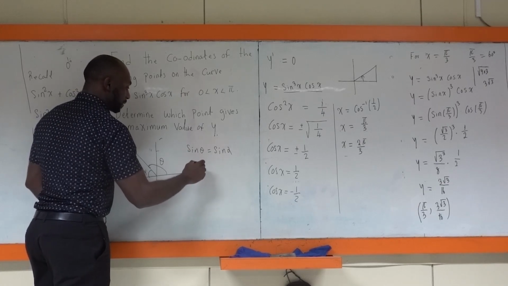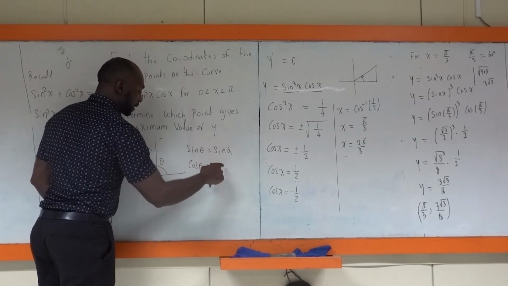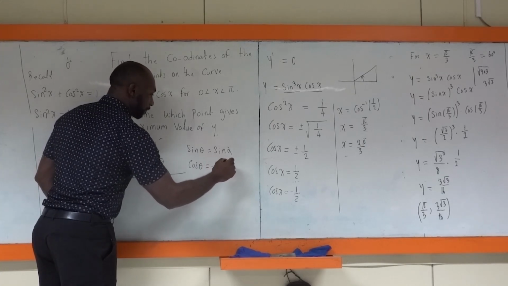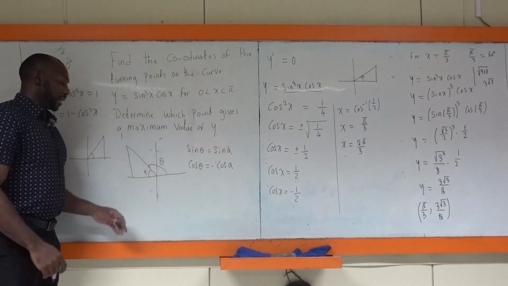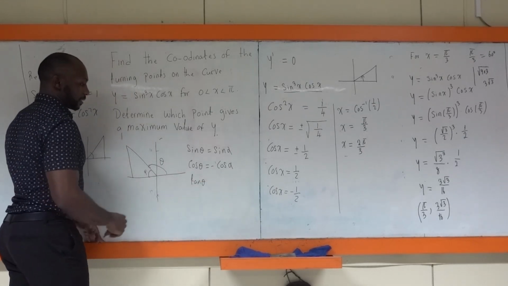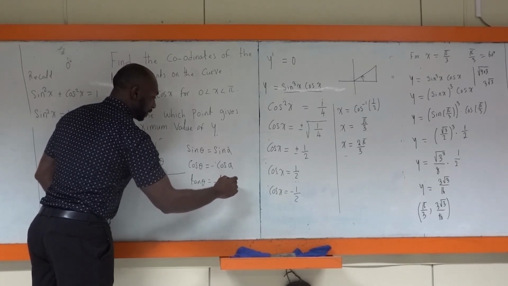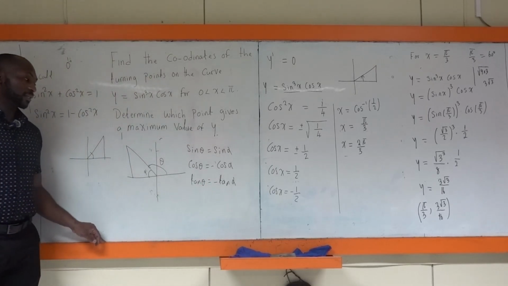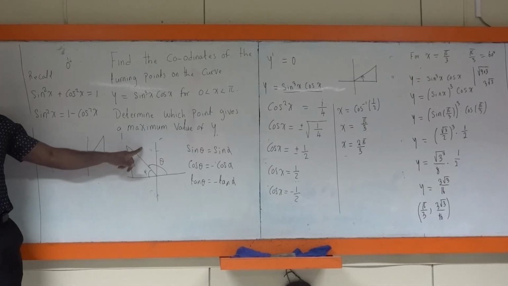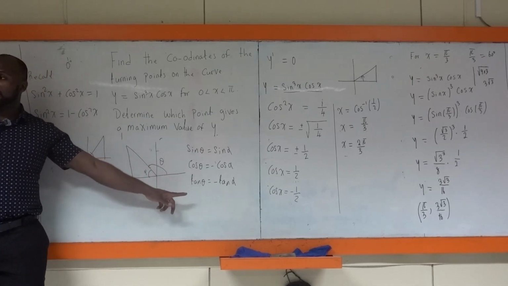Cos of the angle theta is negative cos of alpha. And similarly, tan of the angle theta should be negative tan of the associated angle alpha, which is acute. So only sine is positive in the second quadrant. Cos and tan are negative.